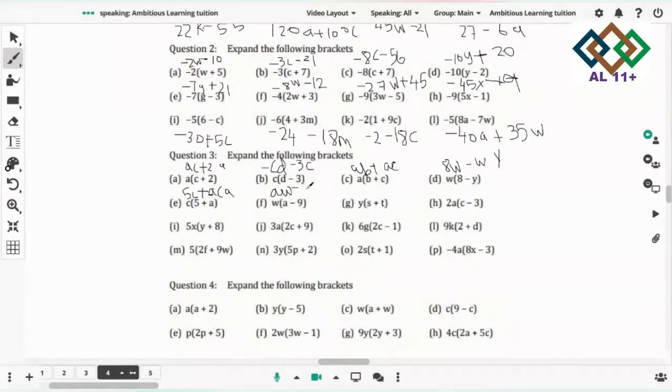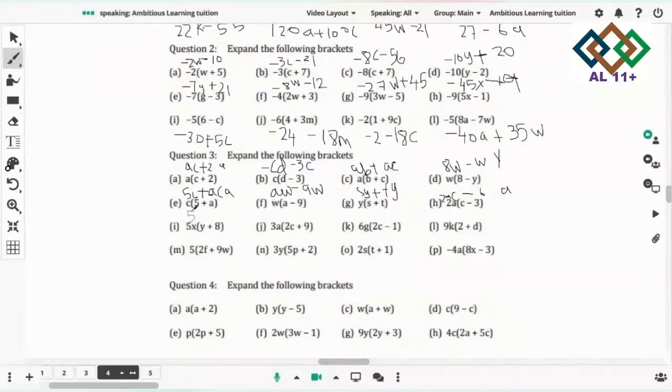AW minus 9W SY plus TY. It will be 2AC minus 6A.